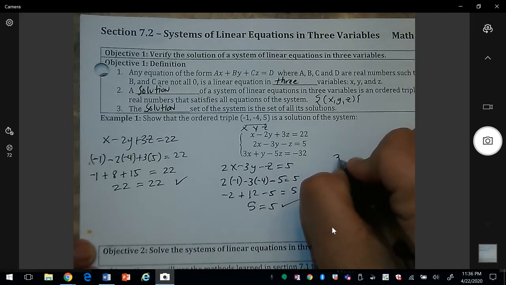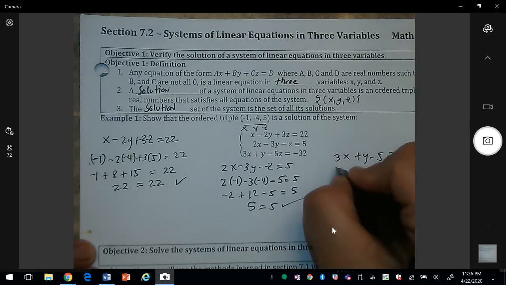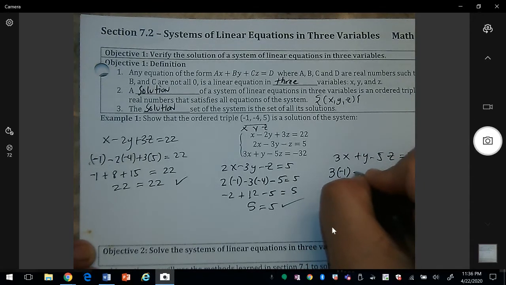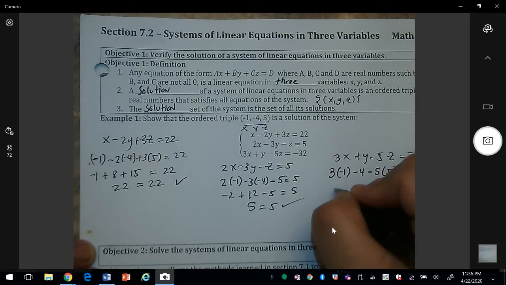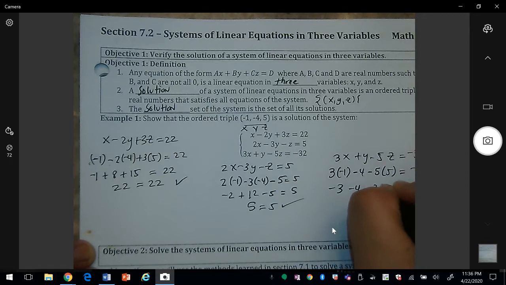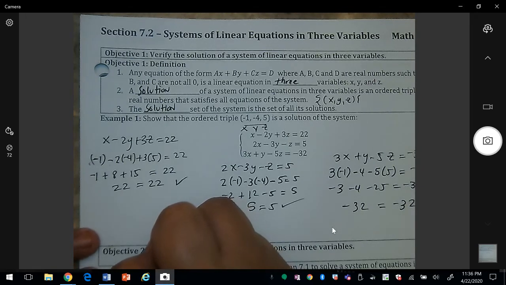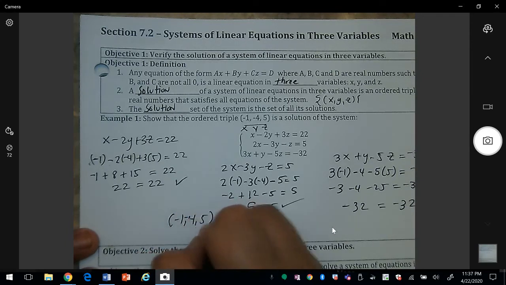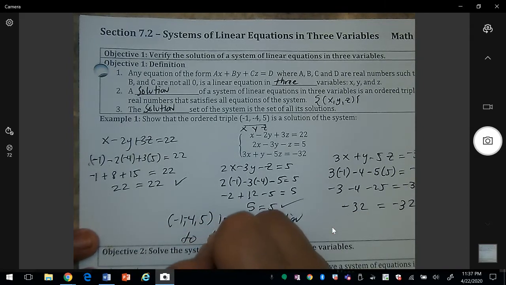And last, we check the third equation. So x is -1, y is -4, and z is 5. And we can see here that -32 is equal to -32. Therefore, the ordered triple -1, -4, and 5 is a solution to the system.